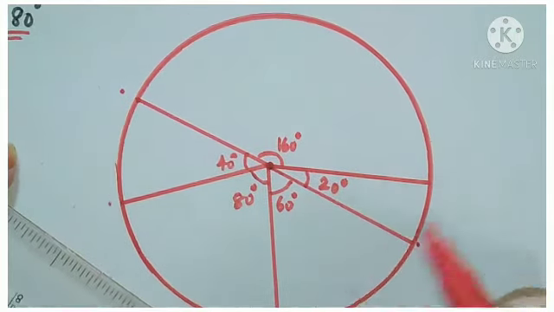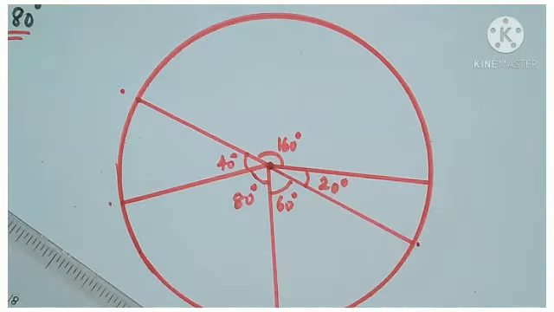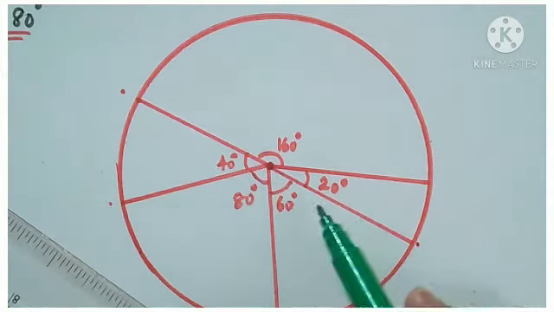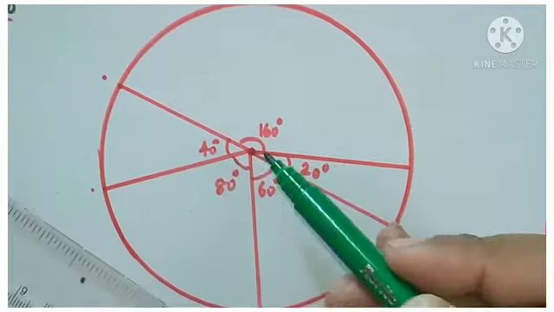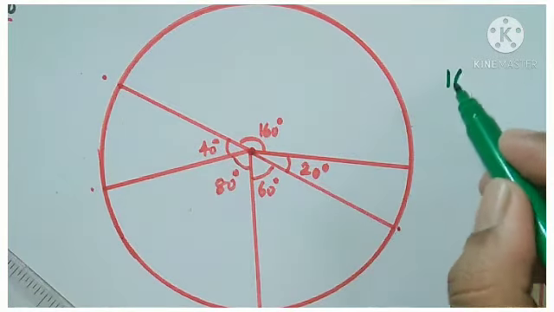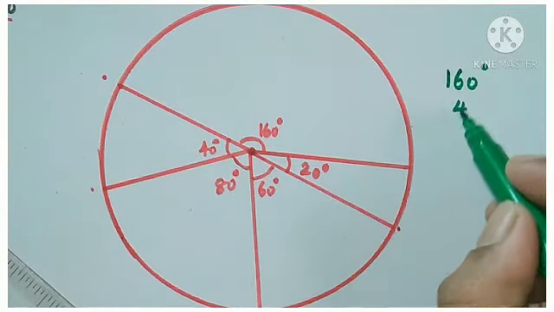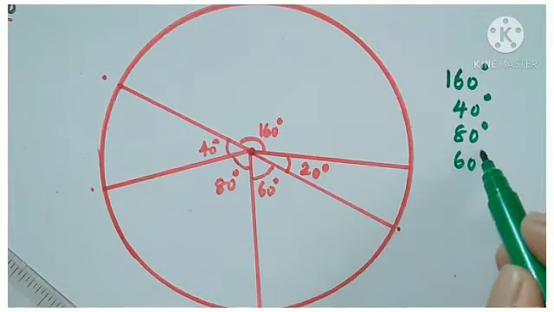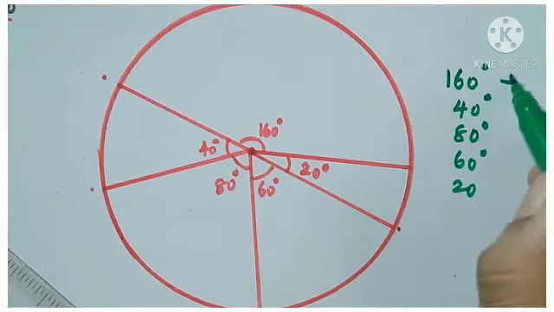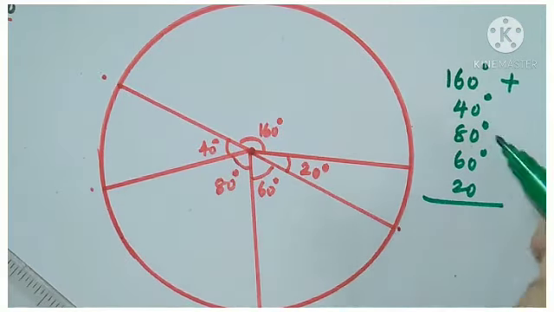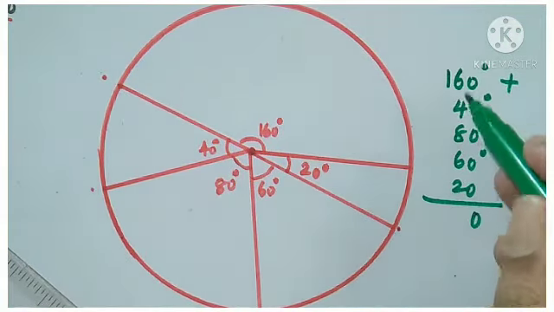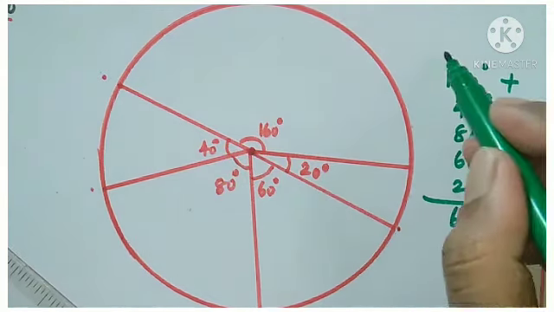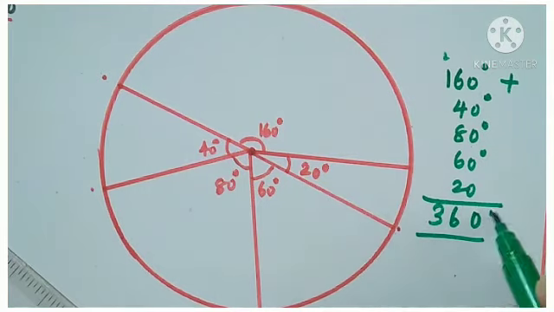Now one important point, children. You can see all the sector angles we found. Now if you add all these angles, 160 degrees, then 40 degrees, then 80 degrees, 60 degrees and 20 degrees, the sum will definitely be equal to 360 degrees.